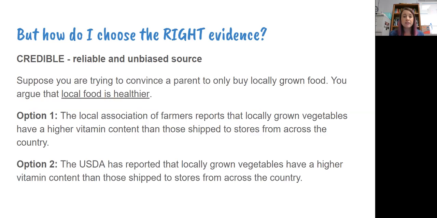Option two looks at the USDA reporting that locally grown vegetables have a higher vitamin content. Exact same information, but one is a locally based group of farmers, and they are definitely going to be more biased because they want you to buy their product. Whereas the US Department of Agriculture is unbiased, they don't necessarily have anything to do with the farmers in your particular area. So that makes them a little bit more credible because they're unbiased.